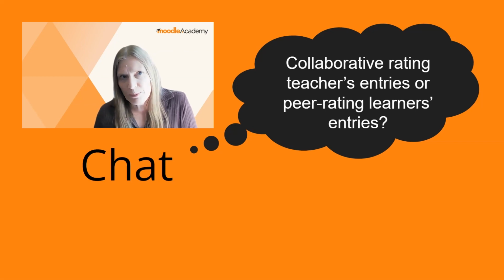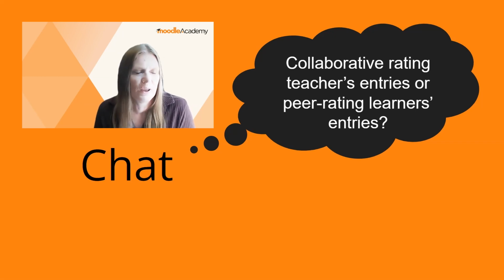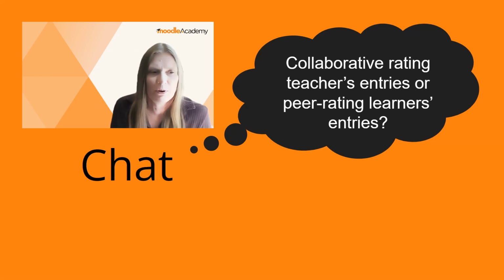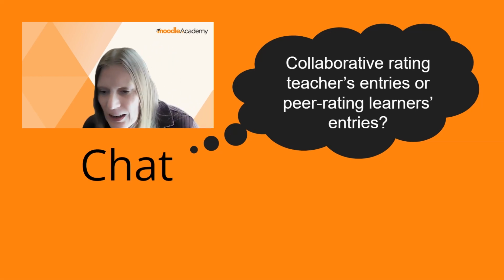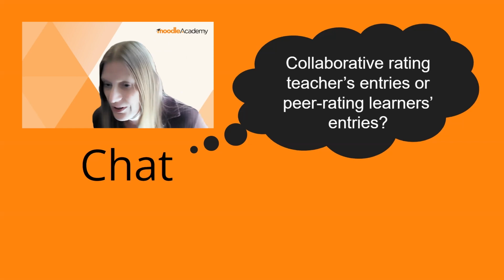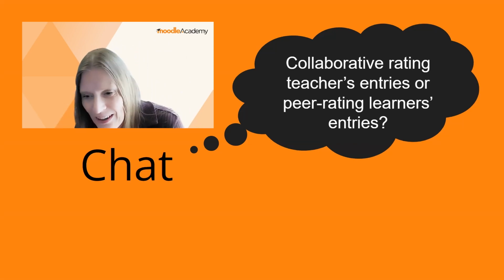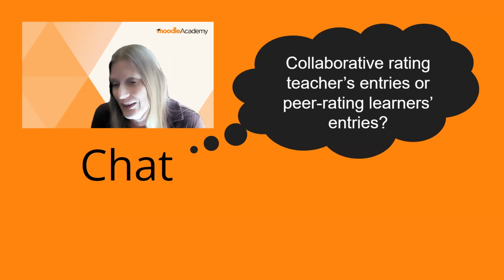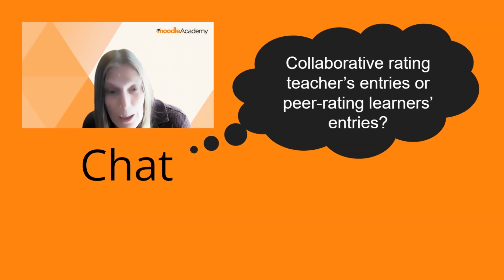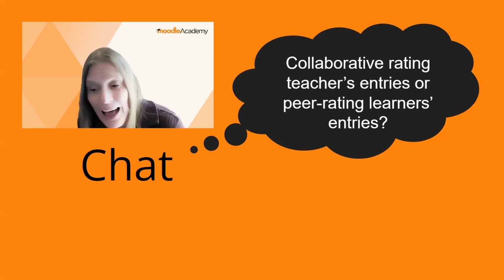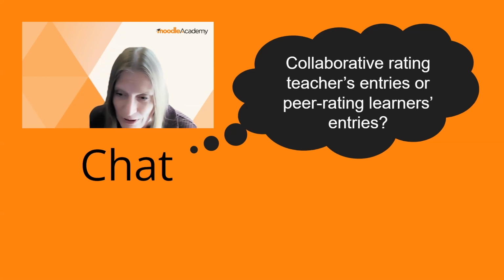I suppose because glossary really is by default a collaborative activity, then peer rating is what I would possibly suggest. I've just noticed, yeah. Oh, Owen, is it? I remember we had this discussion last time about your first name, and I apologize 1,000 times. But Owen is saying peer rating. Okay. Elisabeth is also saying peer rating.